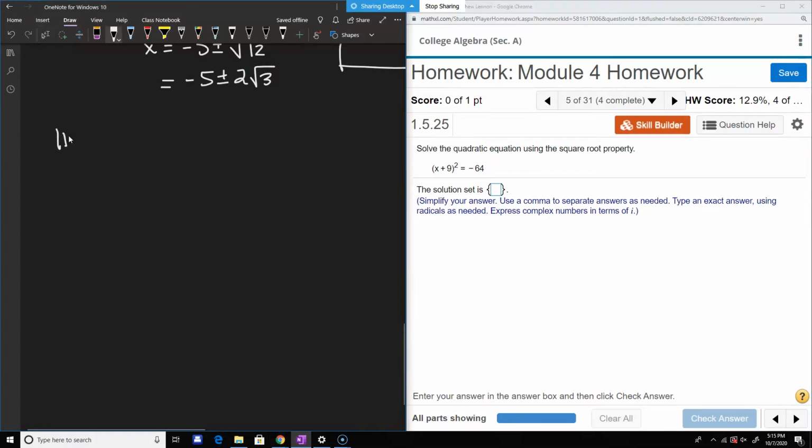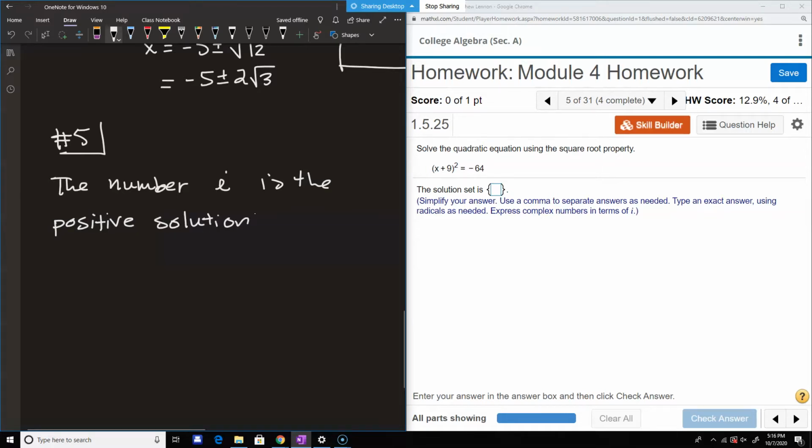So, what's the best way to say this? So, let's say the number i is the positive solution to x squared equals -1.